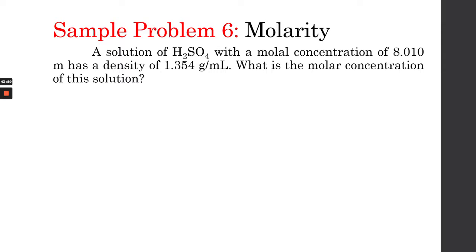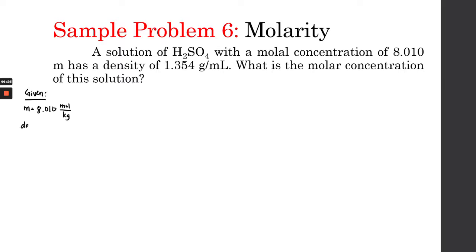Okay, let's begin by writing our given. So what is our given in this scenario? First, we are given the molal concentration of the solution, which is 8.010 molal. If you guys remember, molal concentration is equal to moles per kilogram of solvent.